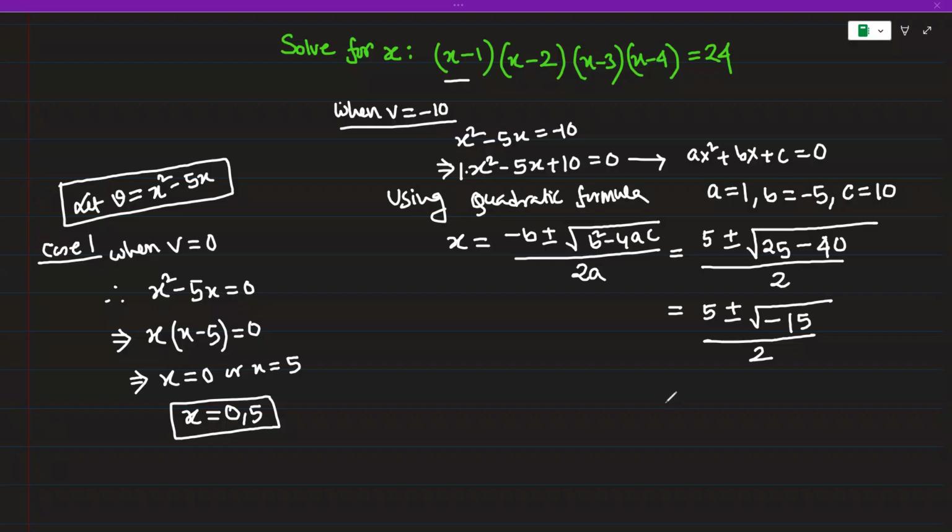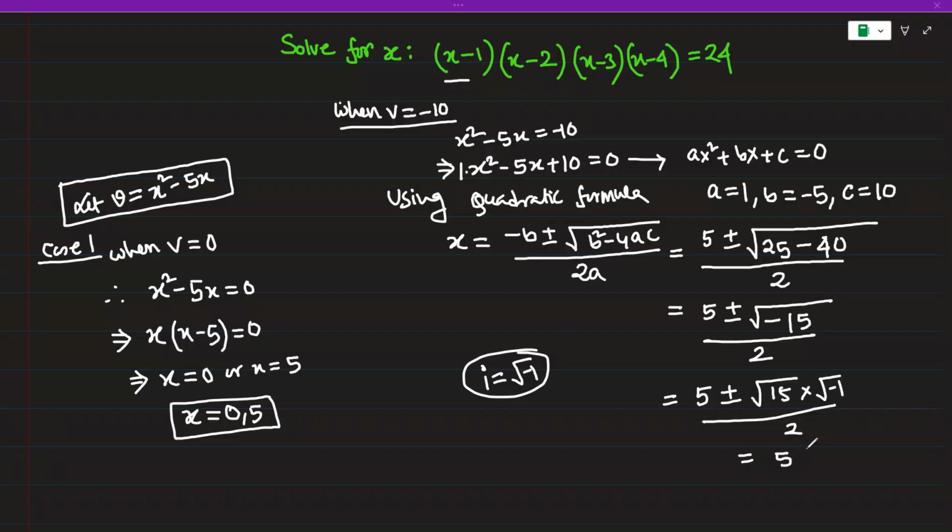Now we can write the square root of negative 15 as the square root of 15 times the square root of negative 1, and we already know that i equals the square root of negative 1. So we got our solution, which is 5 plus or minus the square root of 15 i, over 2.